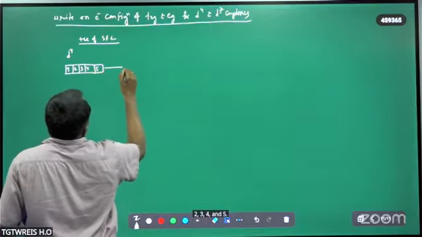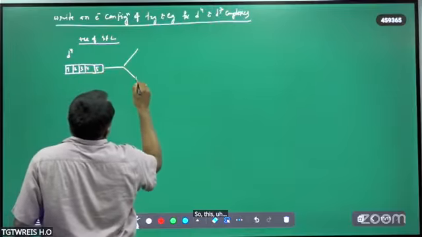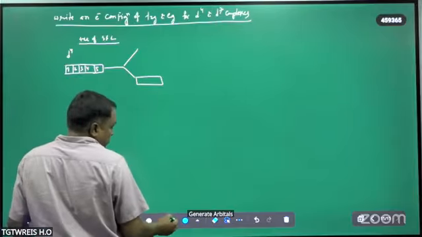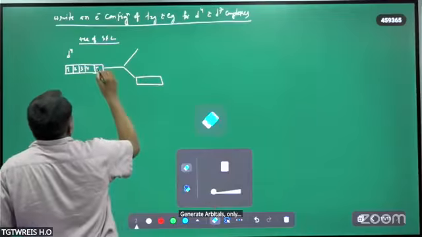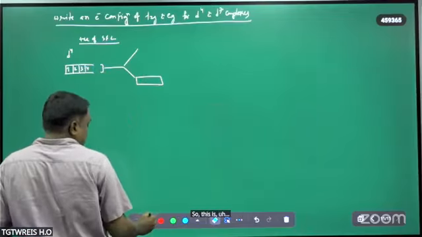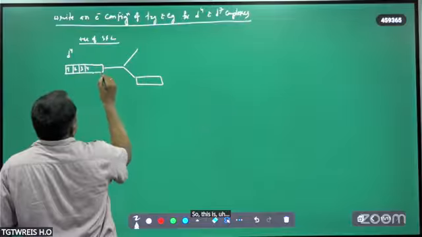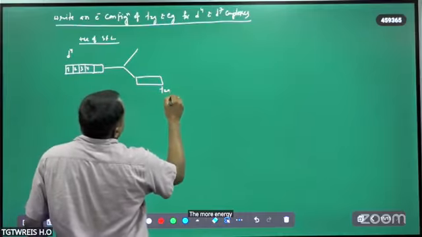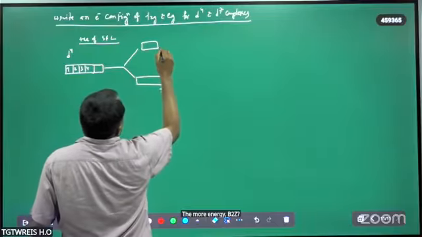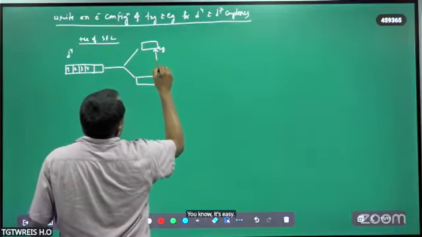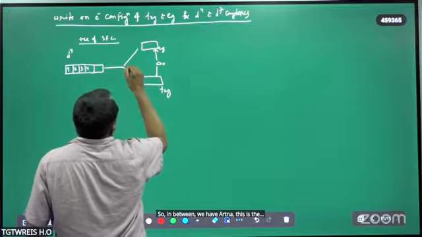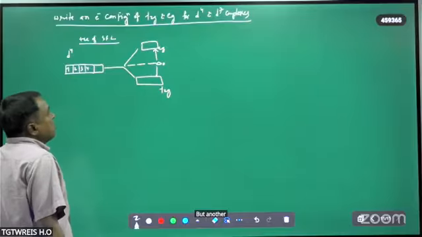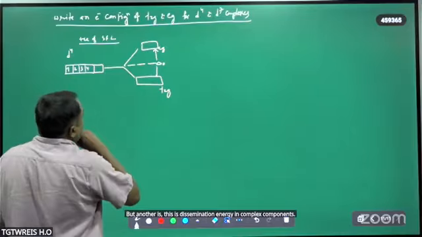These 5 d-degenerate orbitals, only 4 electrons. The lower energy T2G, the higher energy EG. In between we have the pairing energy. Delta naught is the stabilization energy in complex compounds.